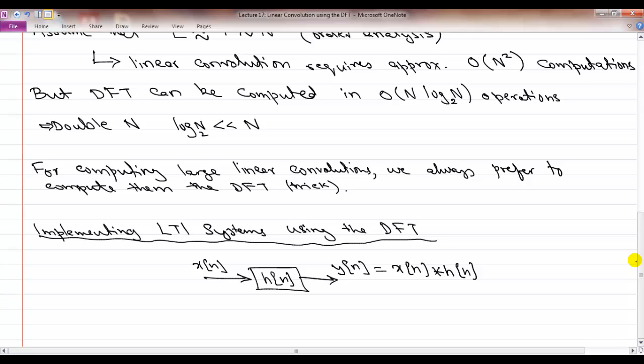So for doing LTI implementation in real time using DFT, we have to basically apply what is known as block processing.